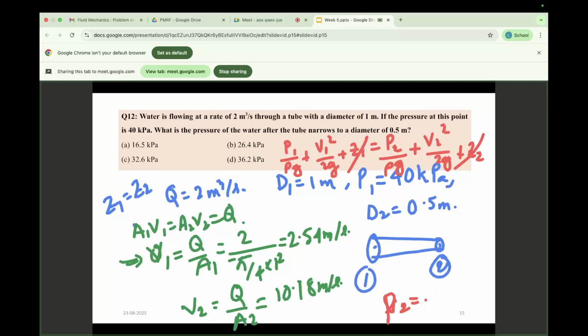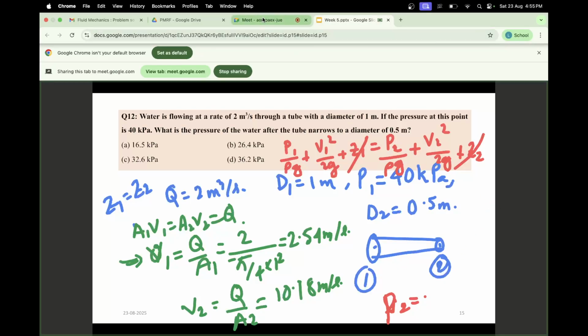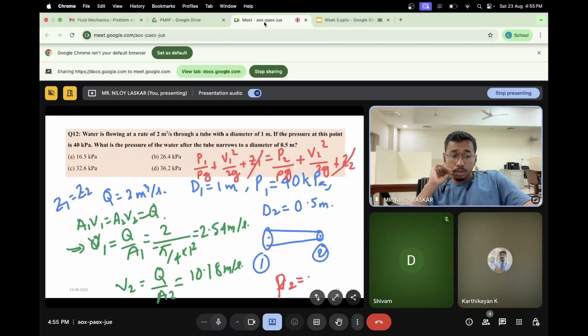So please calculate P2 and check what answer is coming. Both of you just calculate and tell.